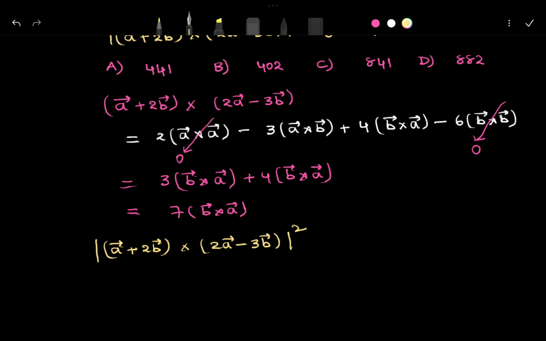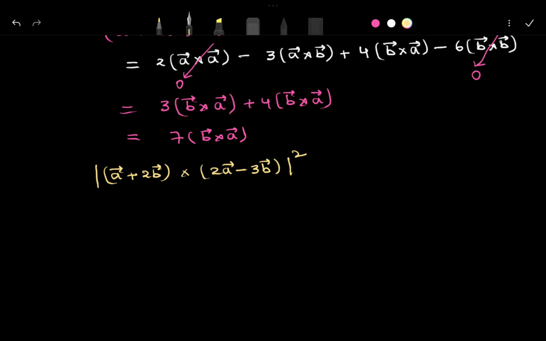When we take the modulus, there is no difference between A cross B and B cross A, because the modulus of A cross B is equal to the modulus of B cross A. So this will be 7 squared into the modulus of A cross B or B cross A, whole square. Anything you can write.